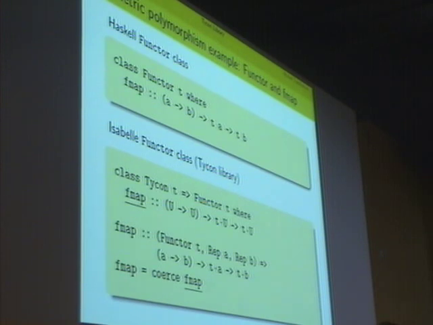And then the class method is a monomorphic version of fmap that has that largest type instance. Outside the class definition, we can define the polymorphic version of the function by just coercing from the larger type instance to a more specific one. When we have coerce applied to a function, coercing between functions is the same as coercing the arguments and then coercing the result.